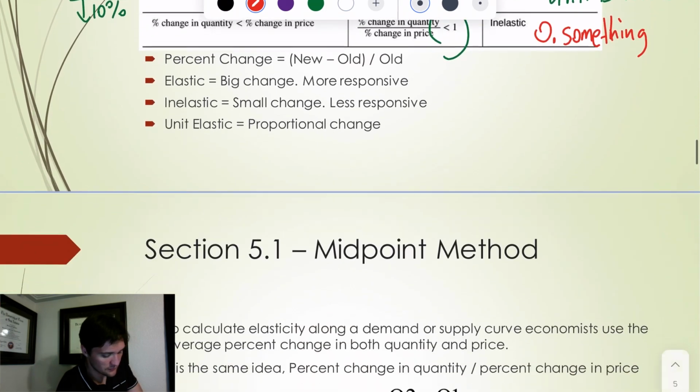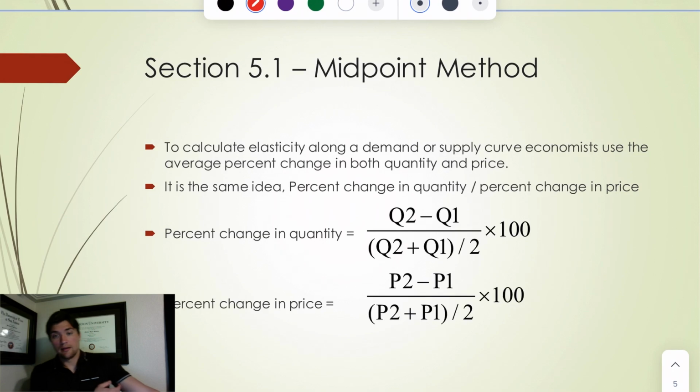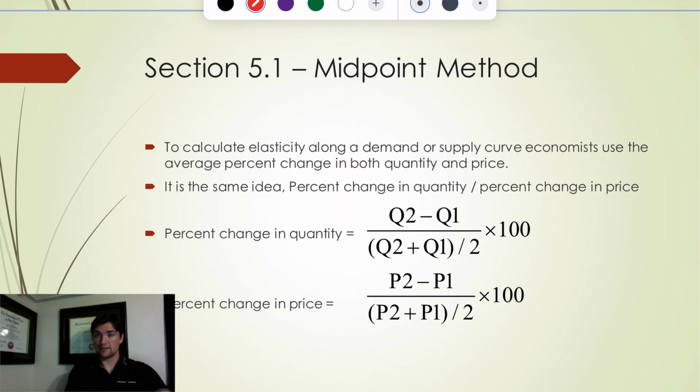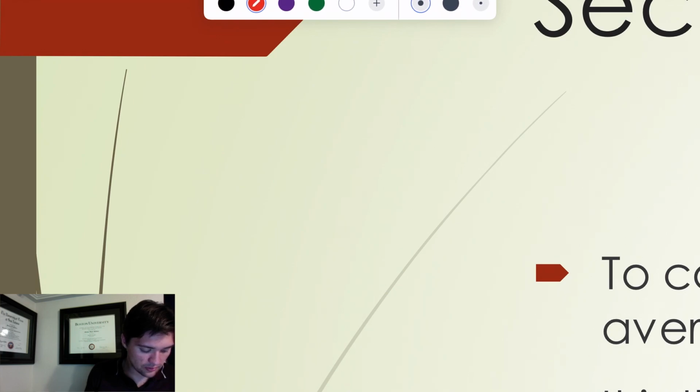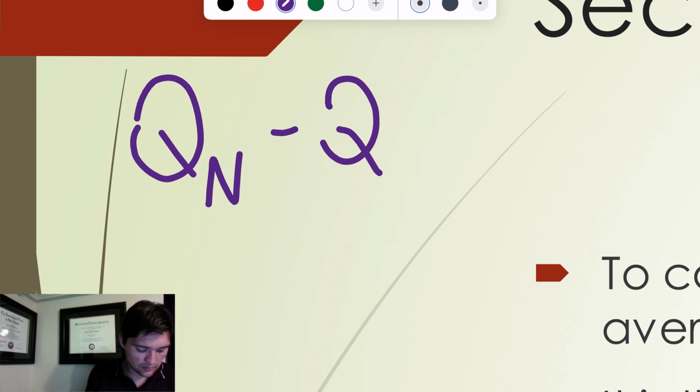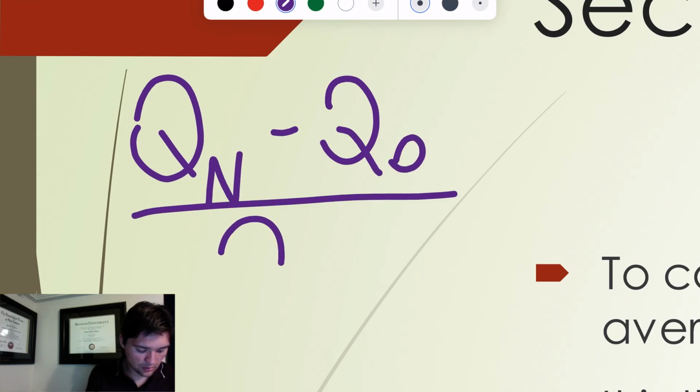Now, the formula for elasticity: percent change in quantity over percent change in price. What if I told you there was another one? That could scare you, okay? But let me just talk you through. So we already talked about how that's the new quantity minus the old quantity divided by the old quantity.